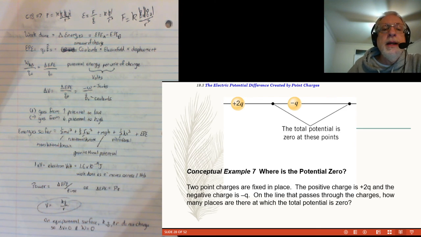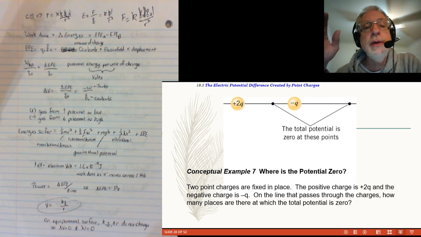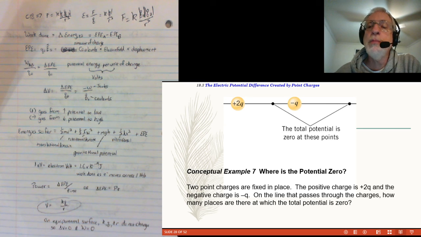So let's say that it's being attracted to negative Q and repelled from positive Q. If I'm twice as far from a twice as strong positive Q, so this distance here is twice this distance, but this distance out here, the far right dot, is also twice as far from the plus 2Q as it is from the negative Q. So without even doing any math, I know that there have to be 2 points where the total potential would be 0. Any place where I'm twice as far from the positive 2 as I am from the negative 1.